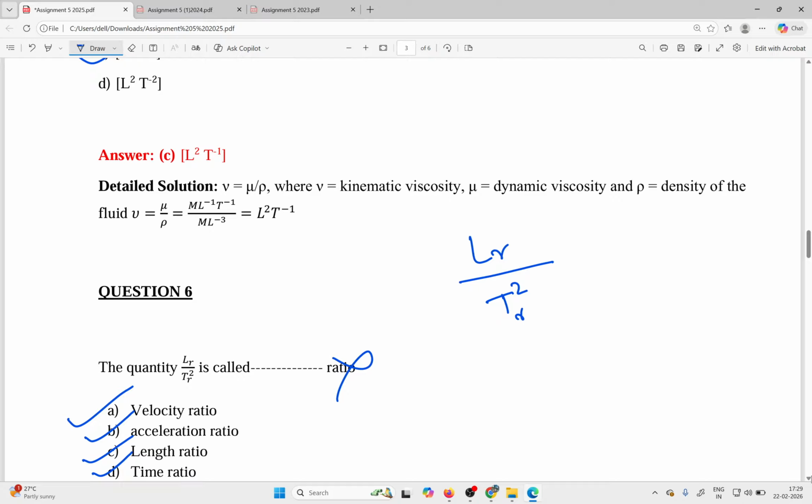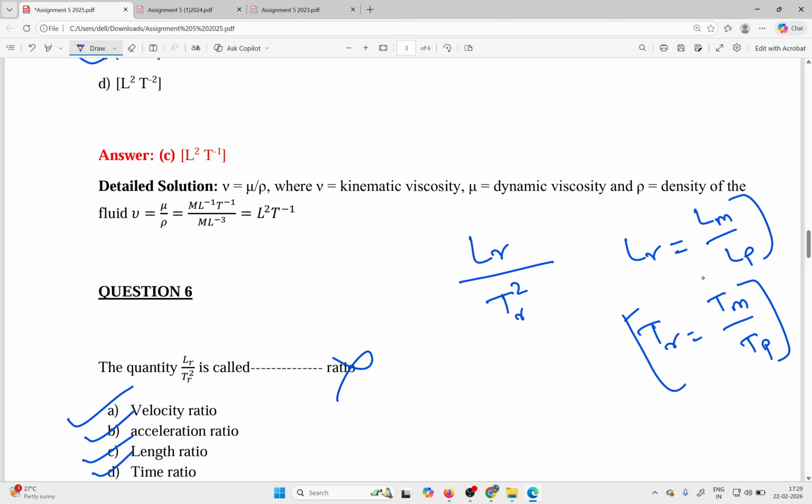For question number 6, remember, LR is nothing but the length of model divided by length of prototype, and TR is the time of model divided by time of prototype. So this is the length ratio and the time ratio.